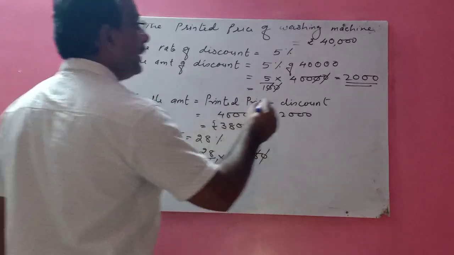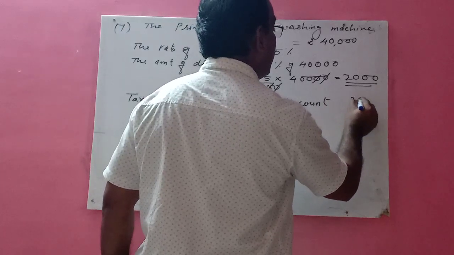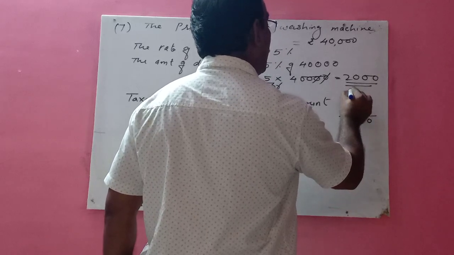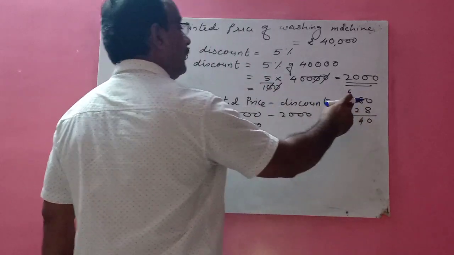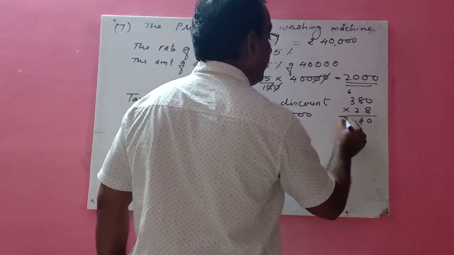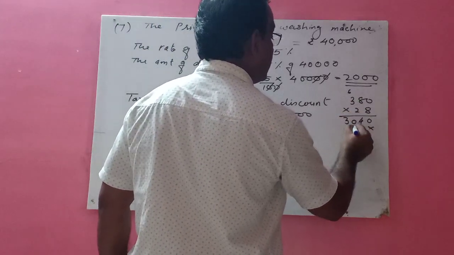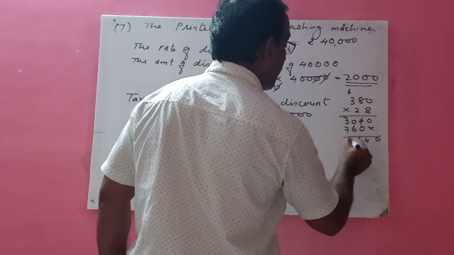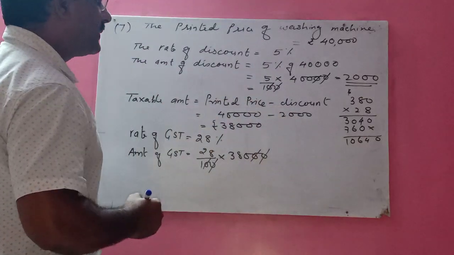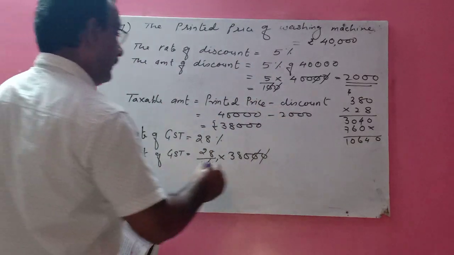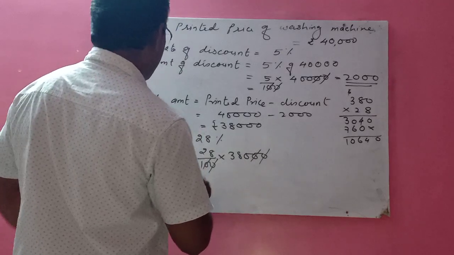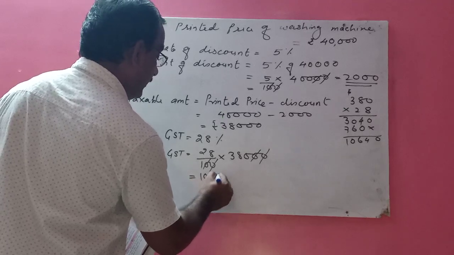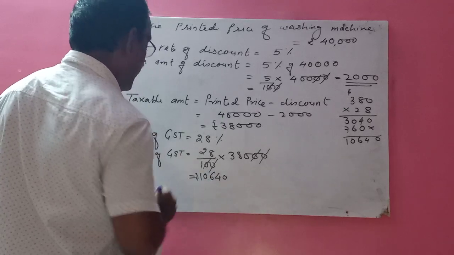So 380 multiplied by 28: 8 zeros are 0, 8 8s are 64, 8 3s are 24 and 6 is 30, 2 zeros are 0, 2 8s are 16, 2 3s are 6 and 7. So this is 10,640. Amount of GST is 10,640. This is the amount of GST.